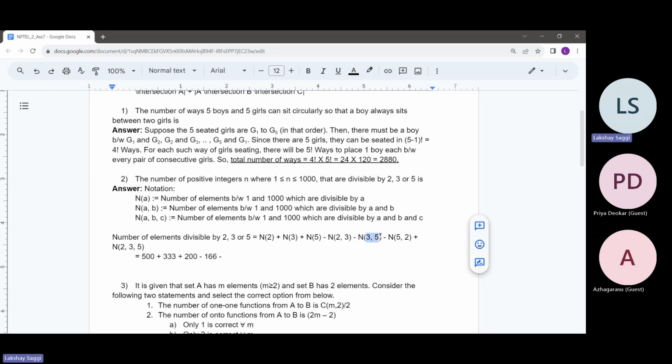So we need 1000 divided by 15 and take its greatest integer function. So 1000 by 15 is 200 divided by 3, which will be 66.